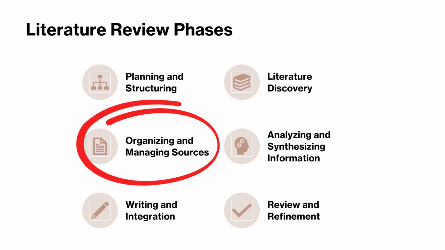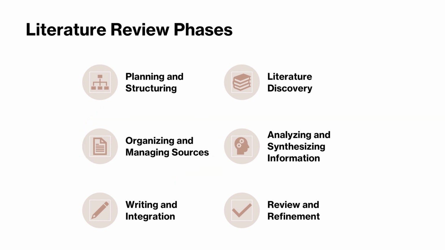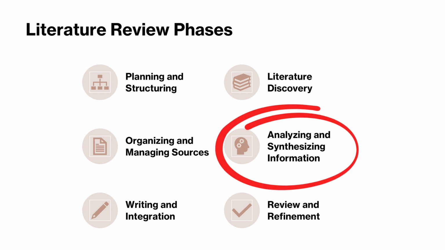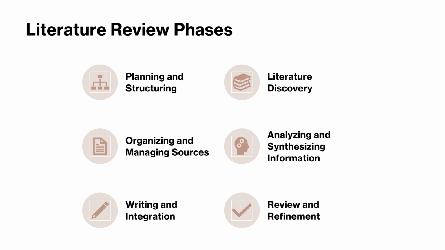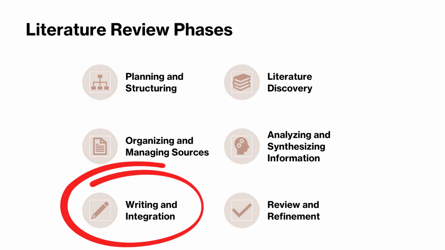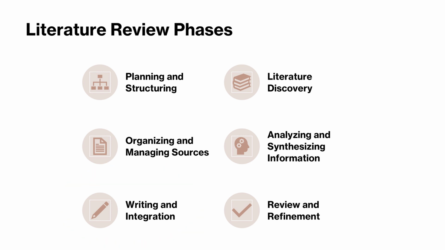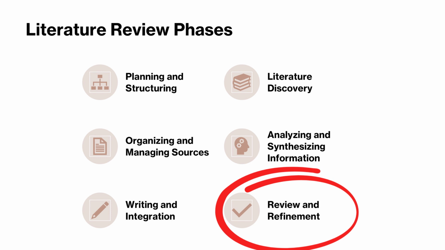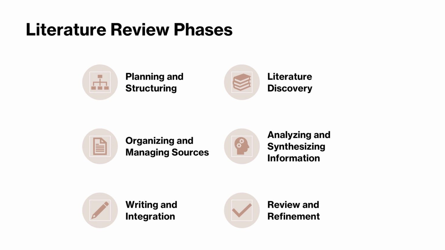Organizing and managing sources. Here, you sort and store your references systematically. 4. Analyzing and synthesizing information. This phase is all about breaking down the content and drawing meaningful connections. 5. Writing and integration. You then compile your findings into a cohesive narrative. 6. Review and refinement. Finally, you polish your work to ensure clarity and rigor.